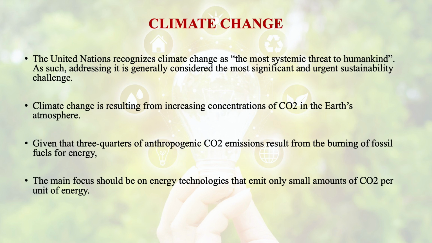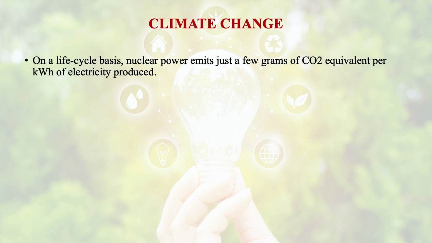The main focus should be on energy technologies that emit only small amounts of carbon dioxide per unit of energy. On a life cycle basis, nuclear power emits just a few grams of carbon dioxide equivalent per kilowatt hour of electricity produced.